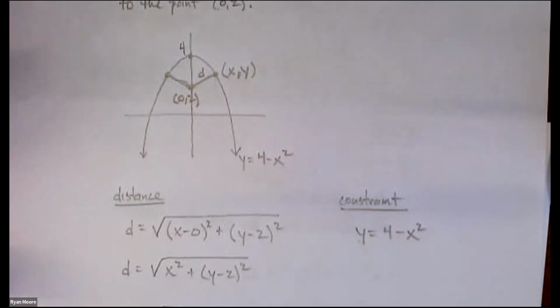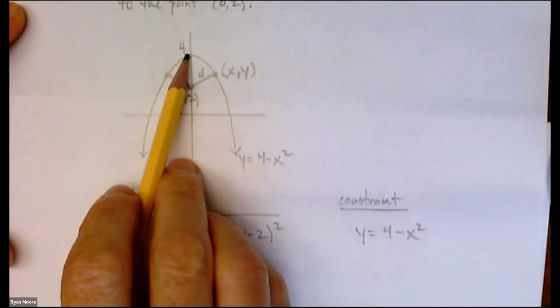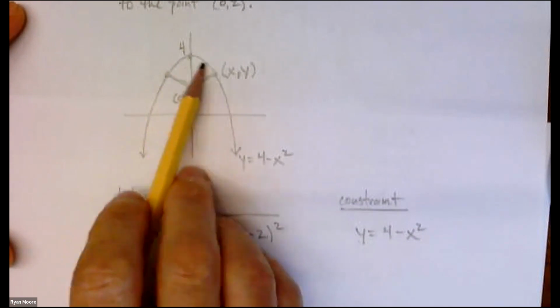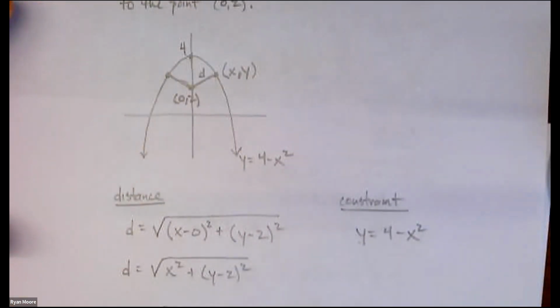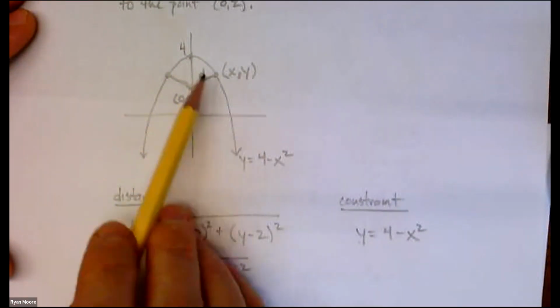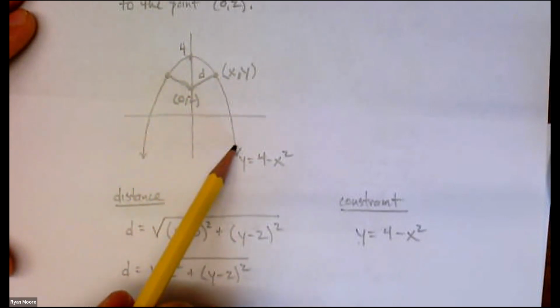What are the extreme values for x? Well, x could be 0. It could very well be that this point at the top is the closest point. I don't think it is, but that might occur. What's the biggest that x could be? You're thinking, well, we're looking at this entire right side of the parabola. So x could be infinite, right?